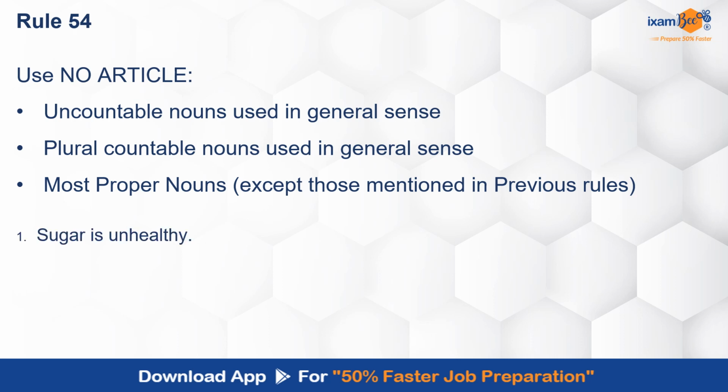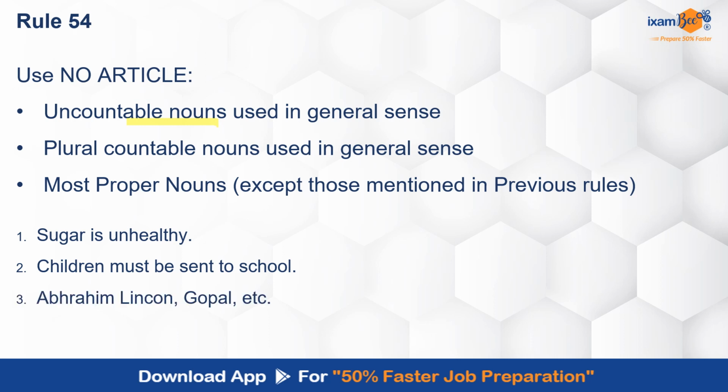For example, sugar is unhealthy. We are talking of uncountable noun in general sense. Or children must be sent to school. We can count children. They are countable nouns. They are plural, but then again, it is being talked about in general sense. And proper nouns: Abraham Lincoln, Gopal, Ram, Sita. You don't use any article before these names, all right?